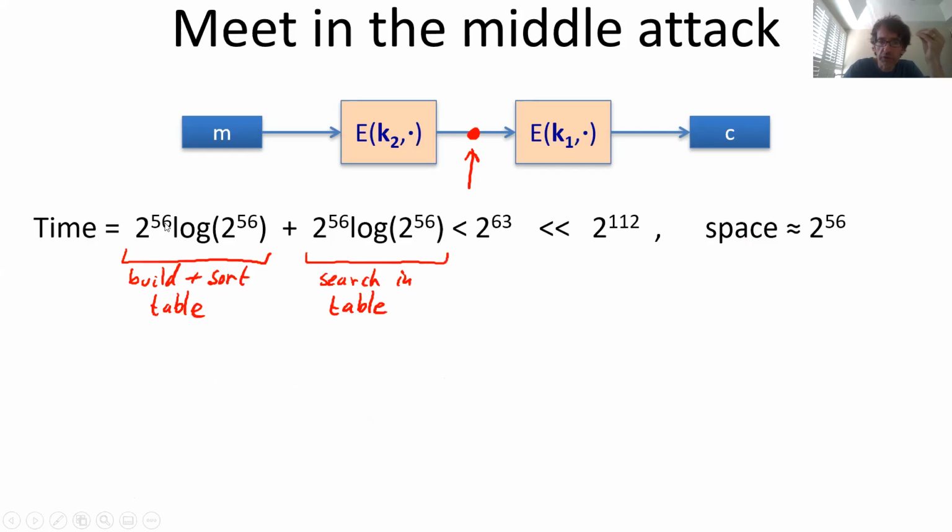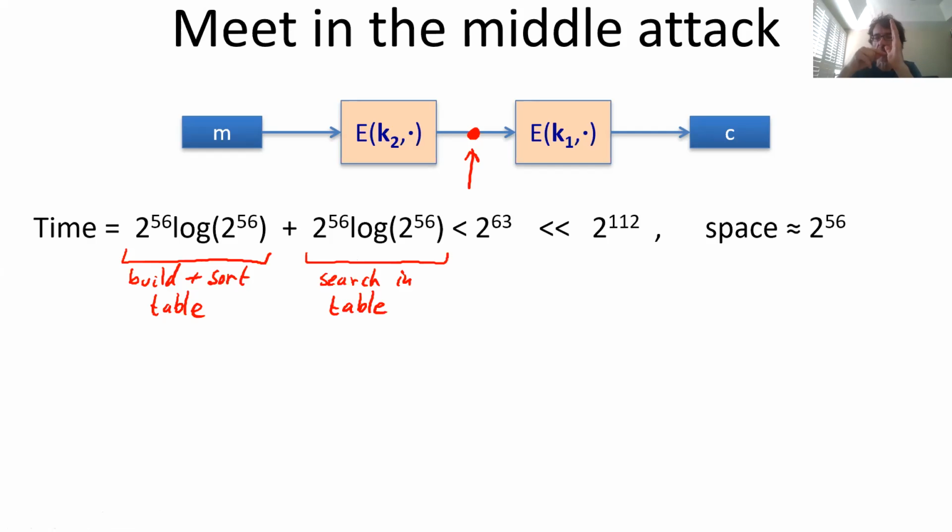So 2 to the 56 to build the table, but to sort it, using any n log n sort algorithm takes n times log n. And then once you sorted them, the search is a binary search. So it takes logarithmic time, right? Because you build the table, it's sorted, and for every key here, you compute this possible dot. Now you have to test, is it or is it not in your table?